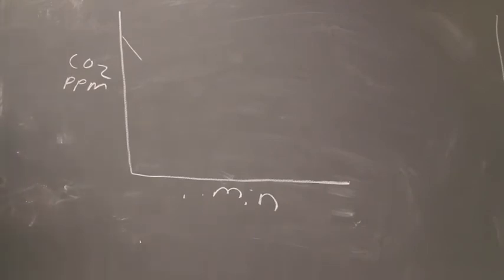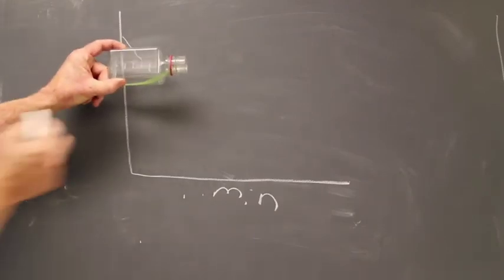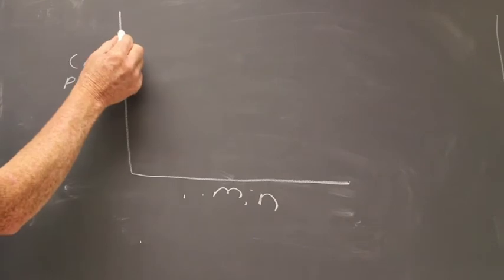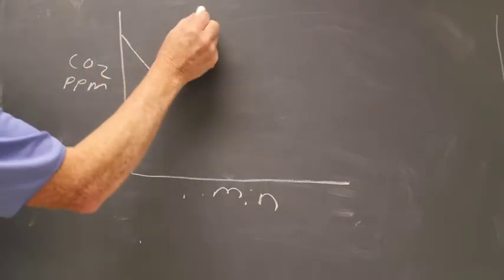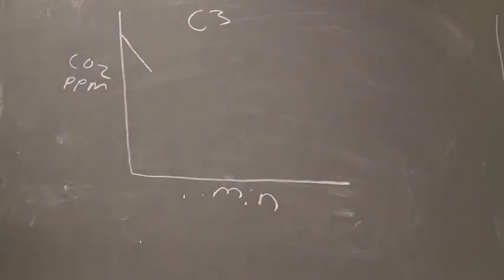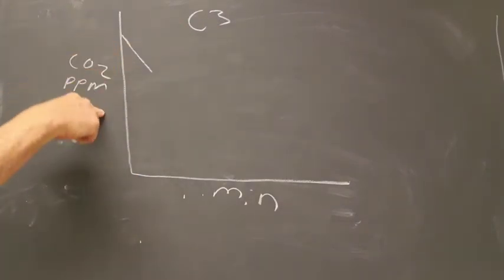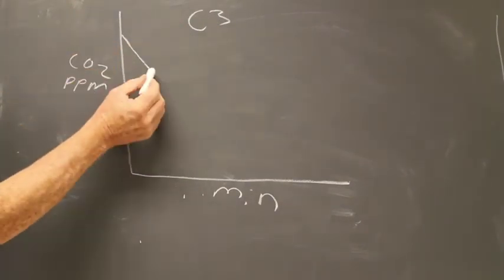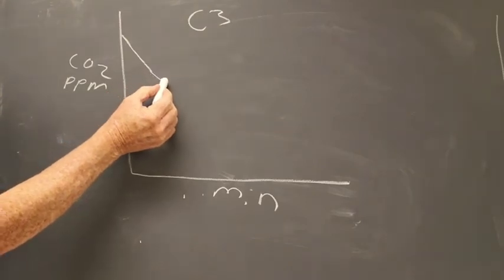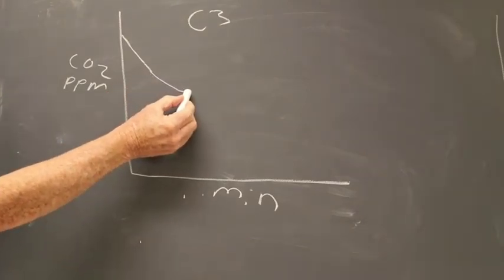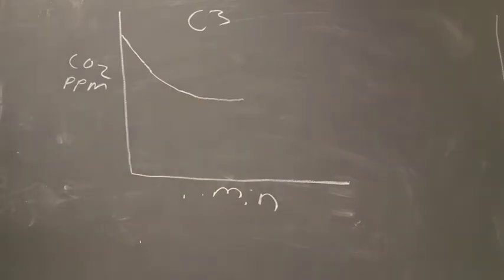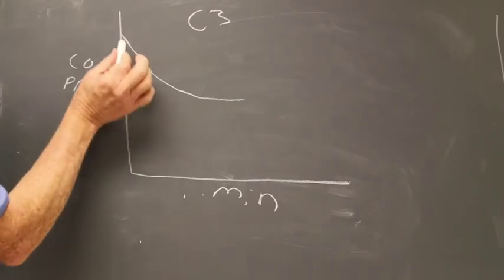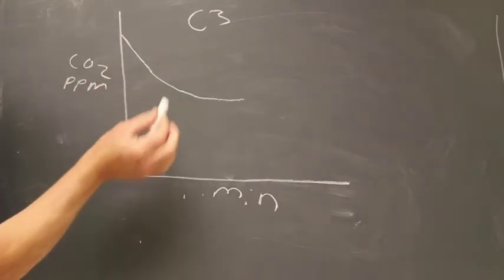So CO2 is going to be decreasing in our chamber at the beginning of photosynthesis. Now for a C3 plant, we have a situation where as CO2 decreases, photosynthesis slows down. So when photosynthesis slows down, we're going to get a little bit of a curve there, and then eventually it's going to go straight.